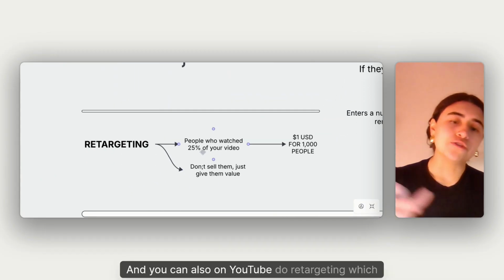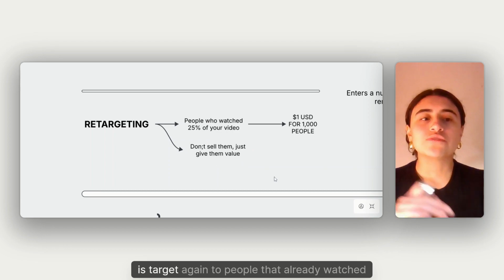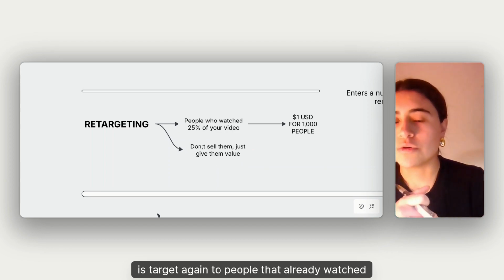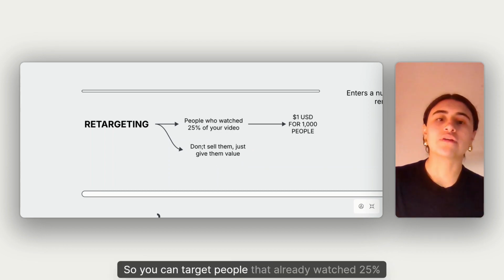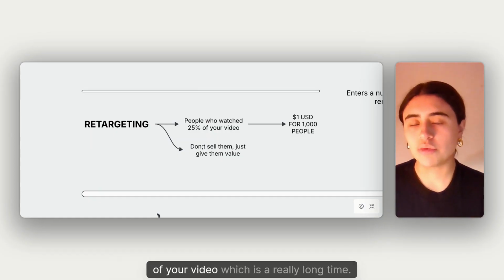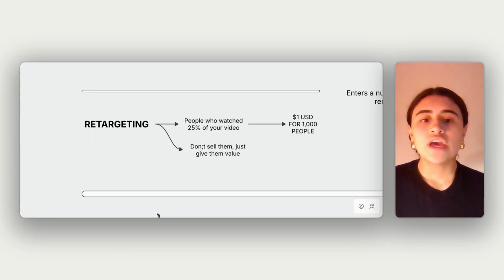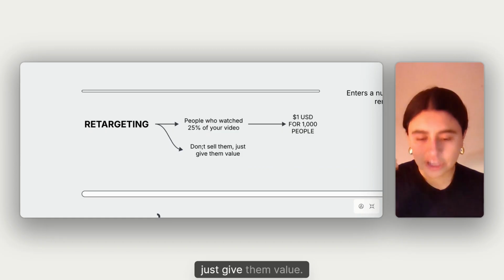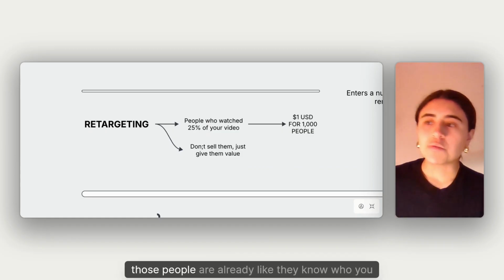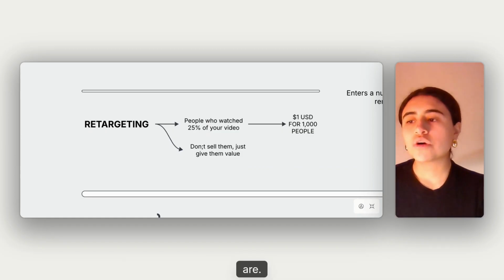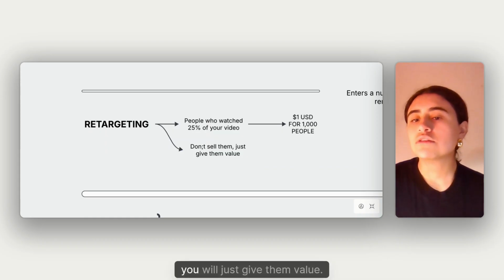And you can also do retargeting on YouTube, which is targeting again people that already watched your ads. Or you can target people that already watched 25% of your video, which is a really long time. And don't sell to them, just give them value. Those people already know who you are. You won't sell to them again, you will just give them value.